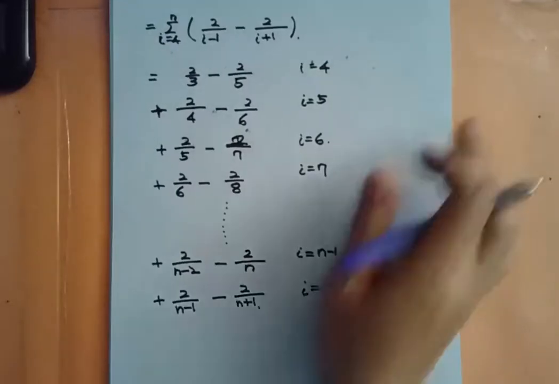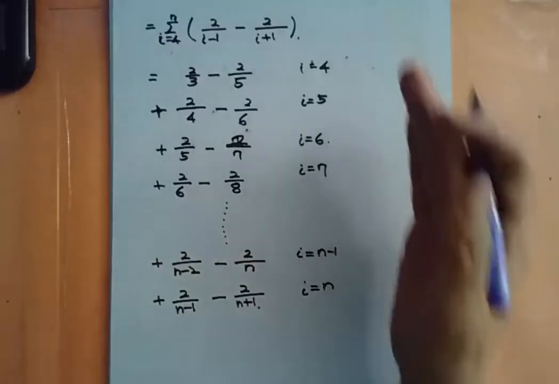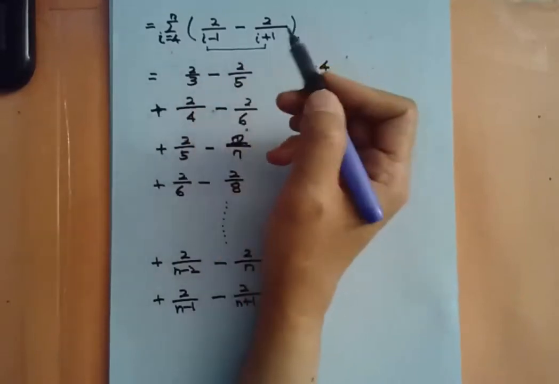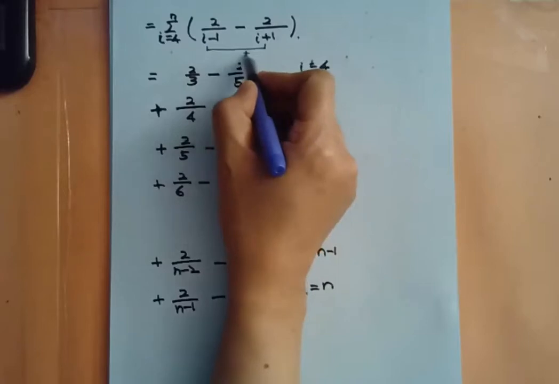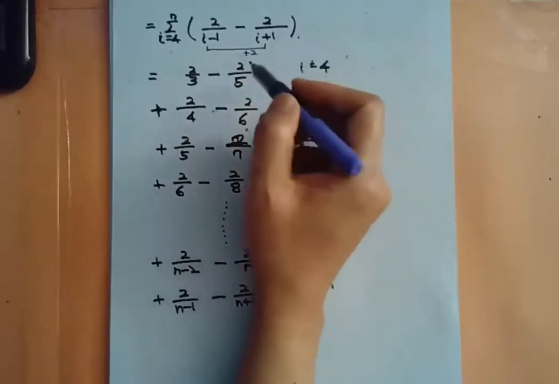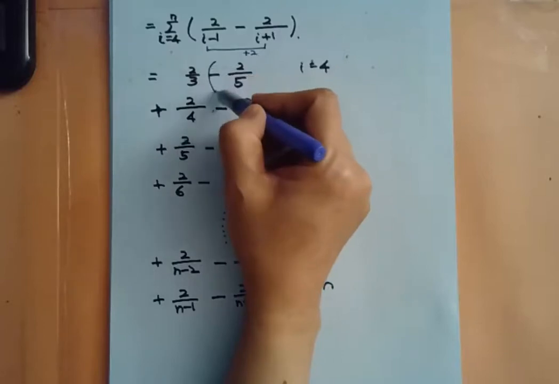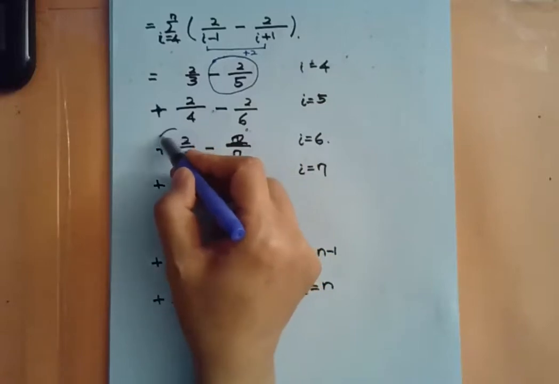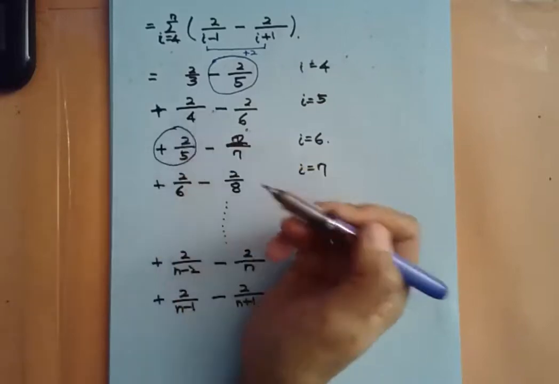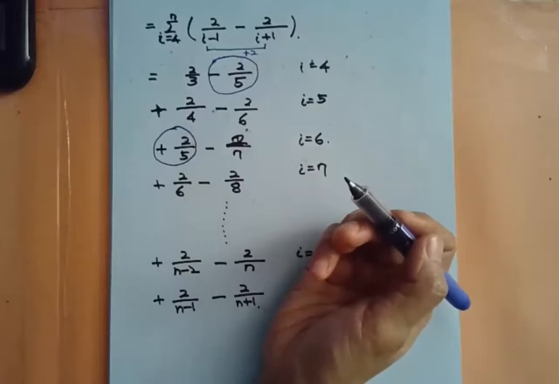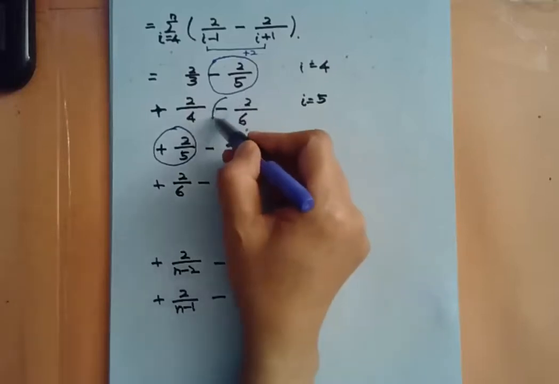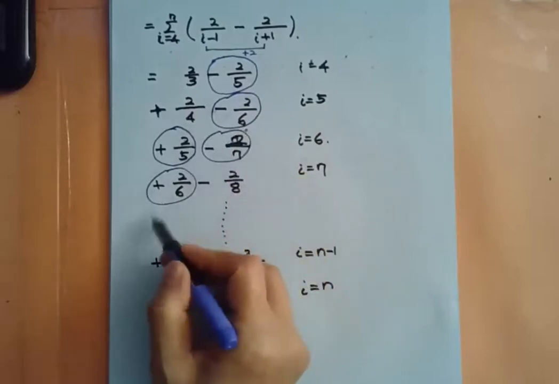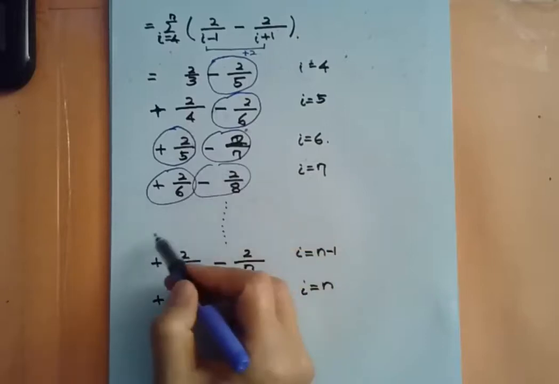In this case, the pattern is a little bit more complex because the difference between the denominators became 2, right? So what is happening here is that the minus 2 over 5 cancels with the plus 2 over 5. And then this one will cancel with this one, and this one will cancel with the other one, and so this one will be canceled with the next one.